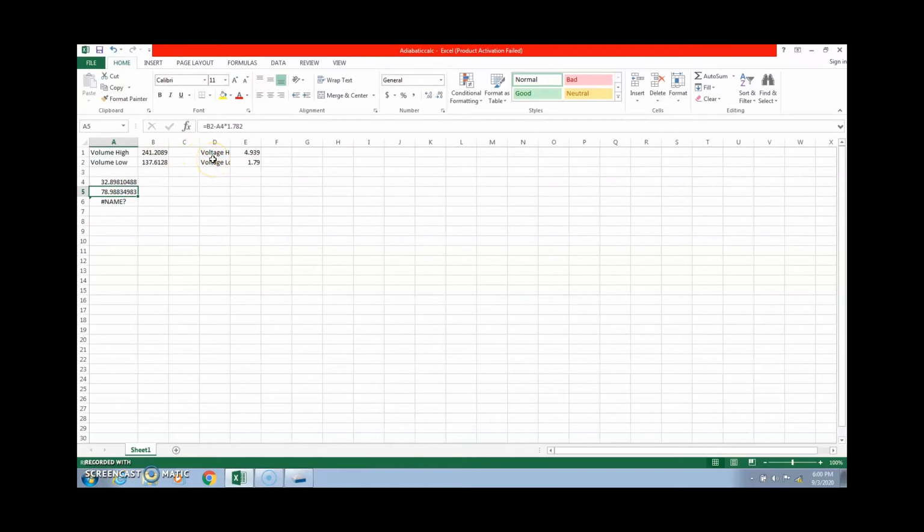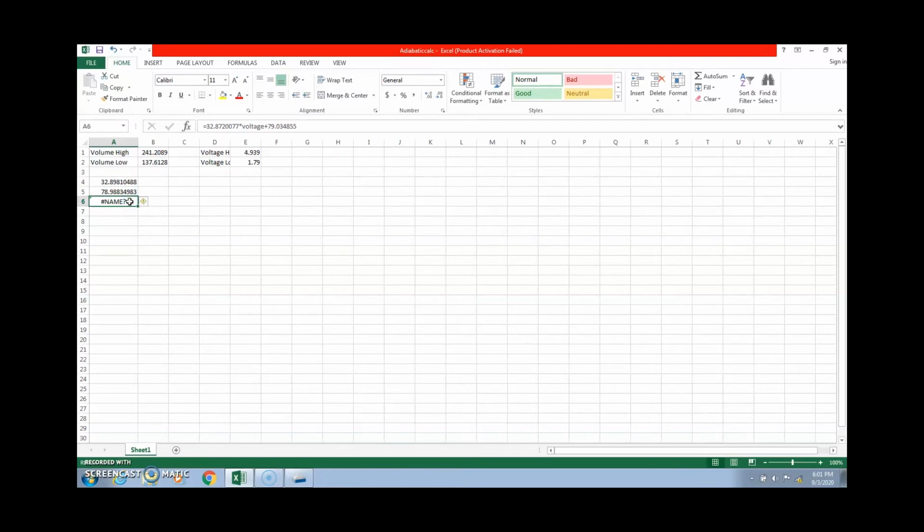Let me verify this is fine. A4 is the slope that was calculated here, multiplied by 1.782, and V2 is the volume at the lowest point. So I just found the intercept.